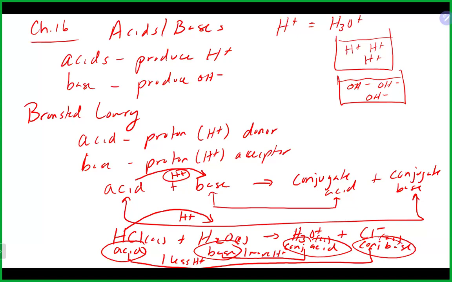Remember as well that we talked about how you can have a diprotic acid or a triprotic acid, which means that it can lose more than one hydrogen, but they do come off one at a time. They don't all just fall off at once. It is a stepwise process. I think we looked at sulfuric acid, which is diprotic.